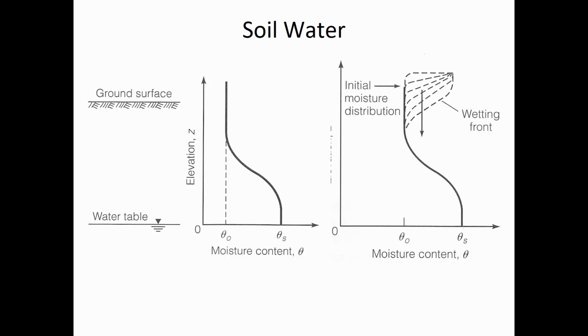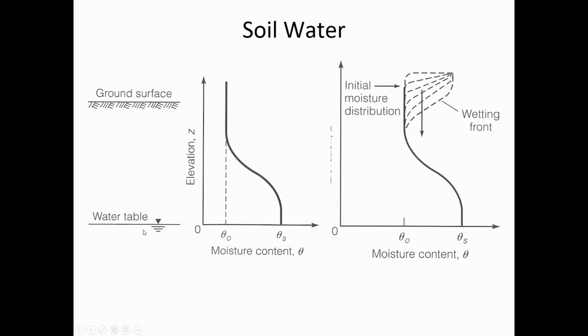At a given time, it's fully saturated at the surface, but if you go deeper down, there's just a small increase in water content. Consider this curve: as you go up towards the ground surface, the moisture content is increasing until it gets to saturated. So this curvature is showing an increase in the wetting front.